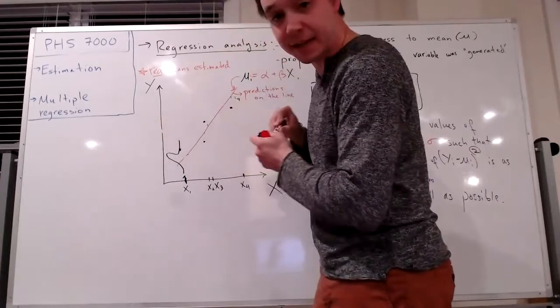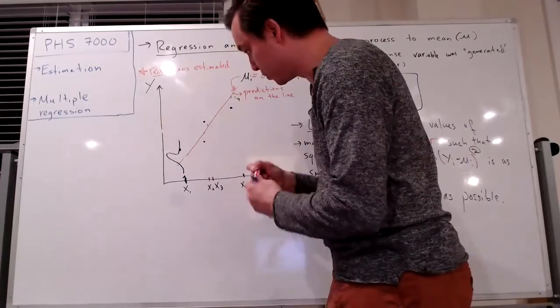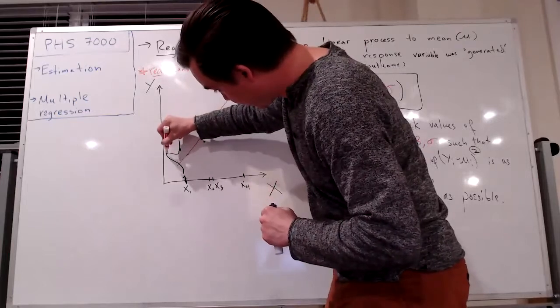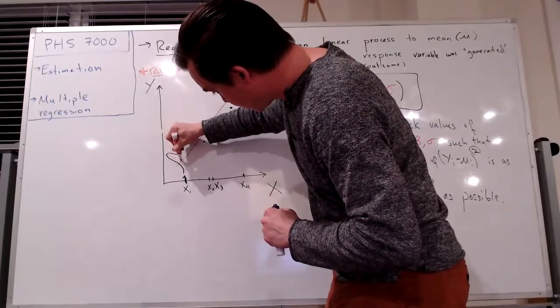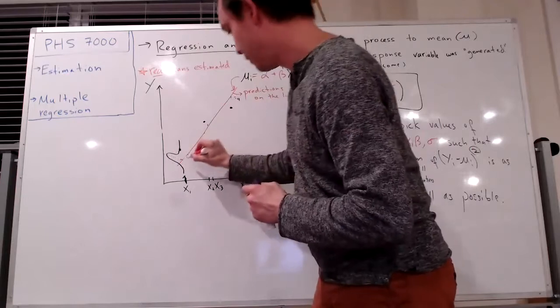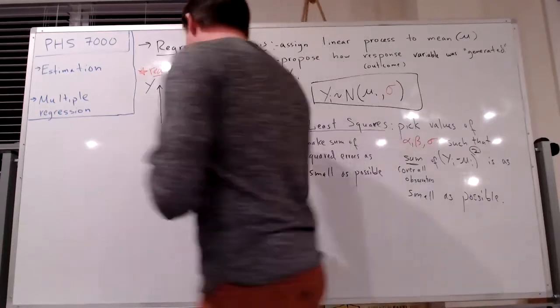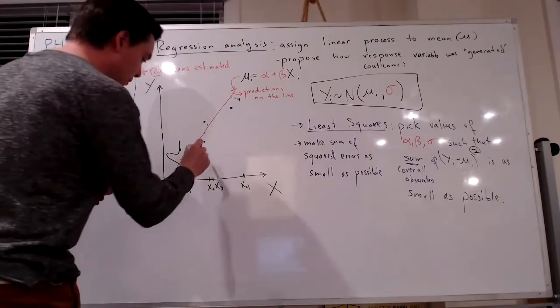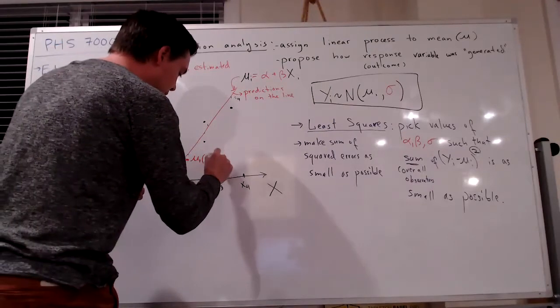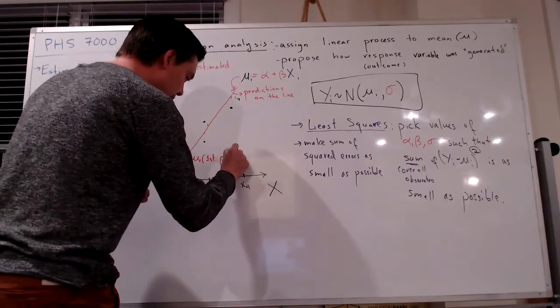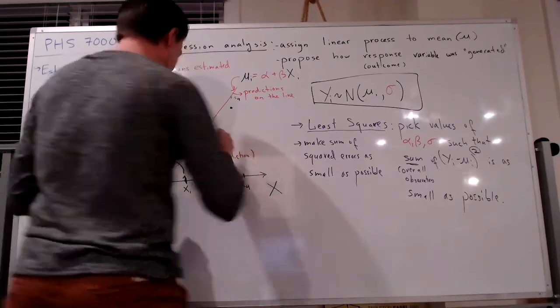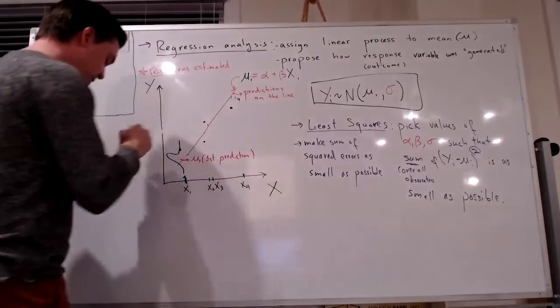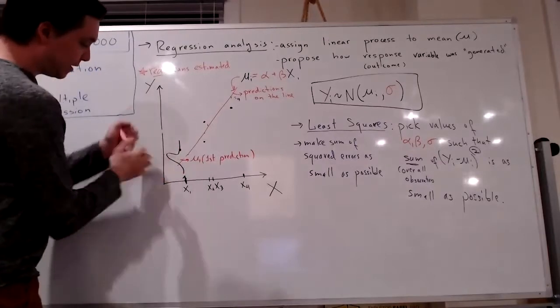And why do I say center? Because we know in a normal distribution, the central point is the mean. Right, and then that right there is mu1, our first prediction. And then I go on. So we take this distribution.